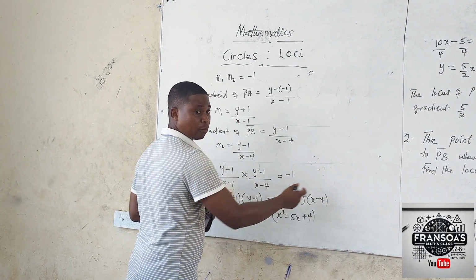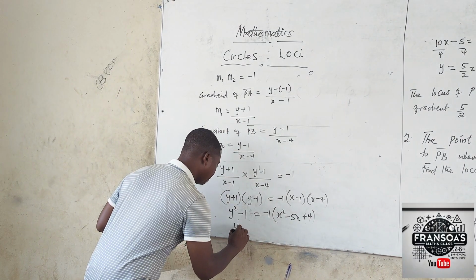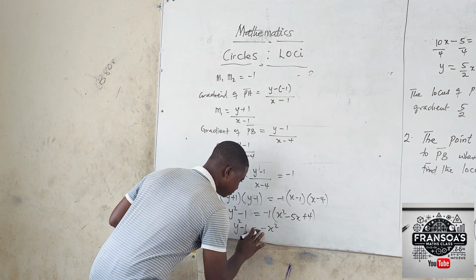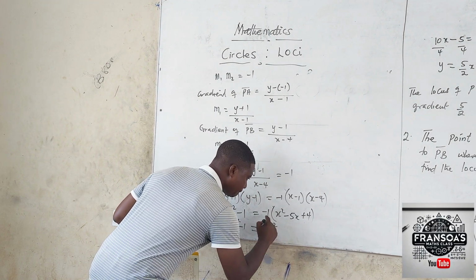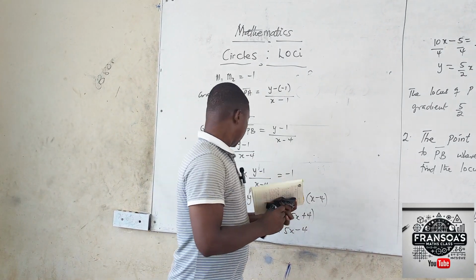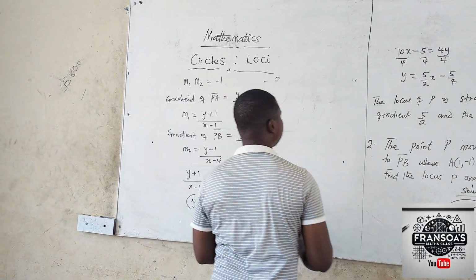So y squared minus 1 equals negative x squared plus 5x minus 4.